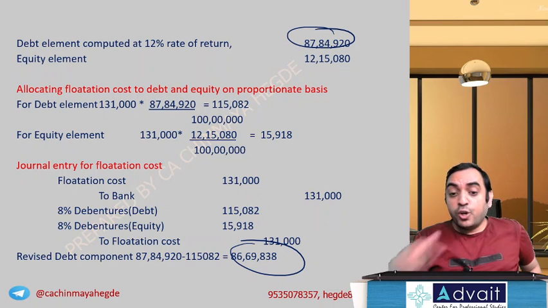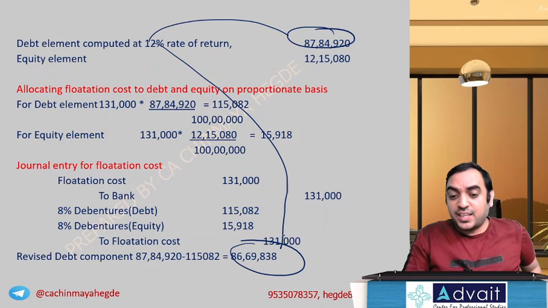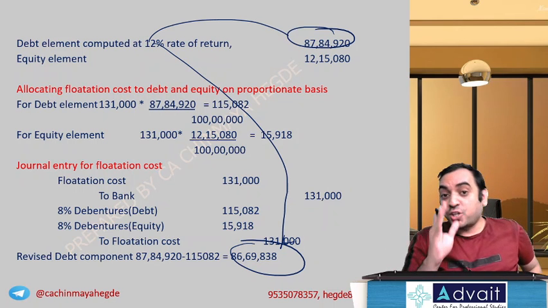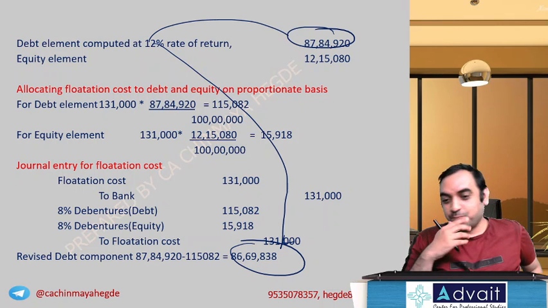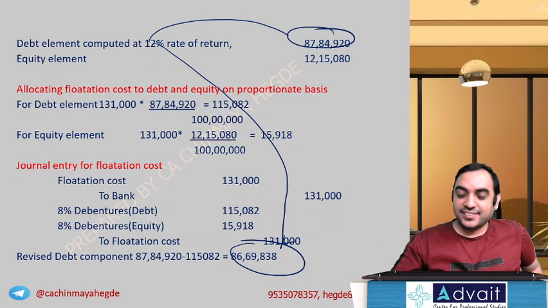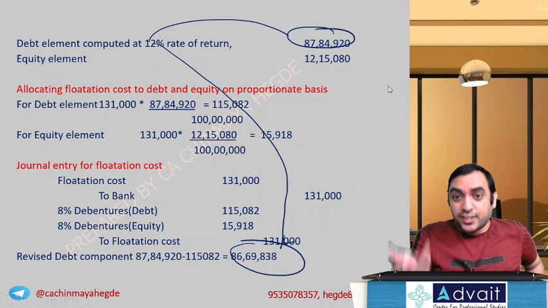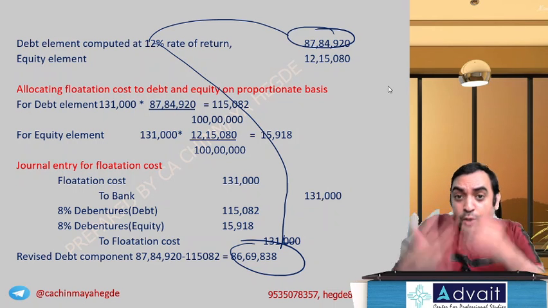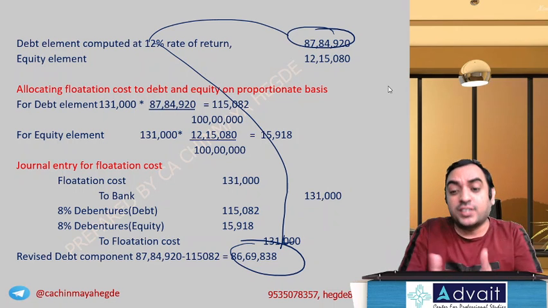Now tell me, will you apply 12% on the original amount or on the revised amount? What should be the correct method? It should be on the revised amount. Correct, revised amount only, because every year the amount will change: opening balance plus interest minus payment gives closing balance.